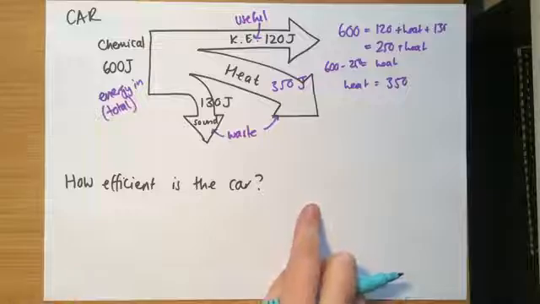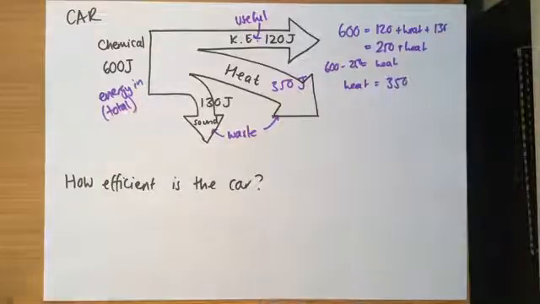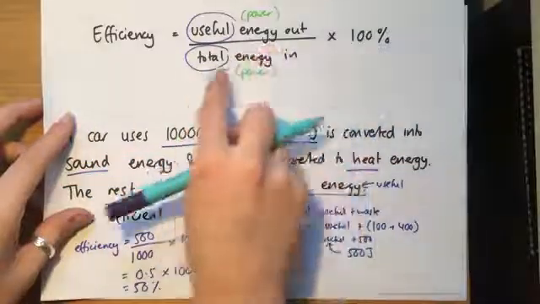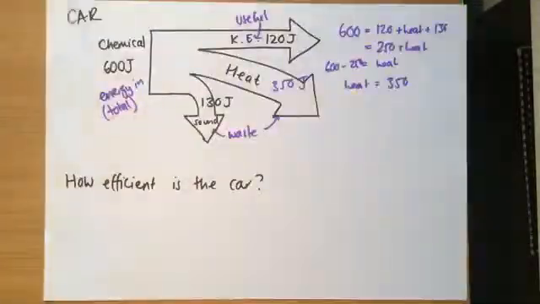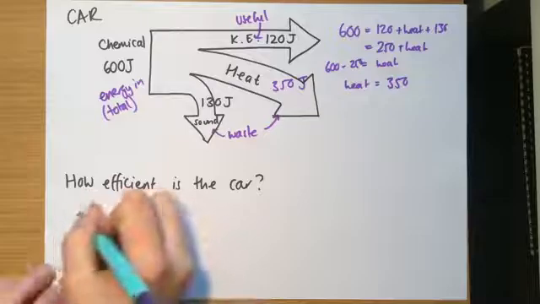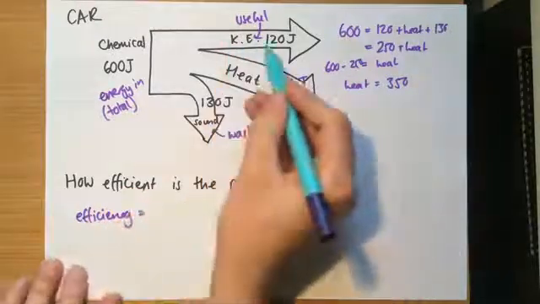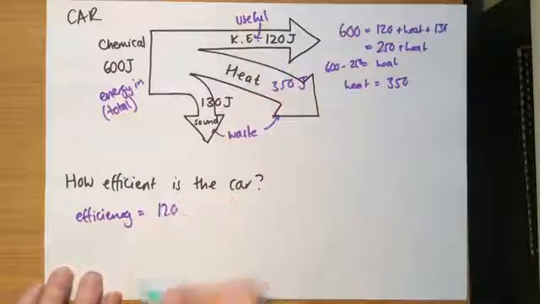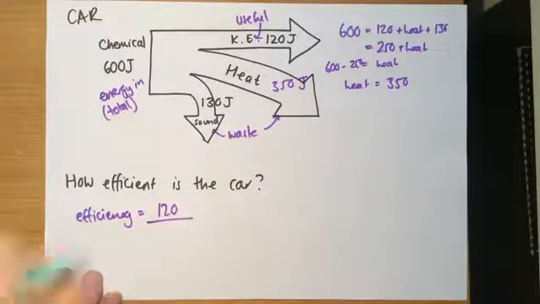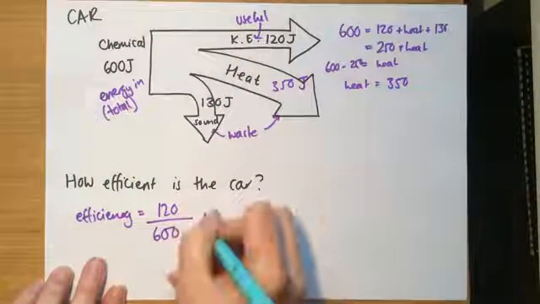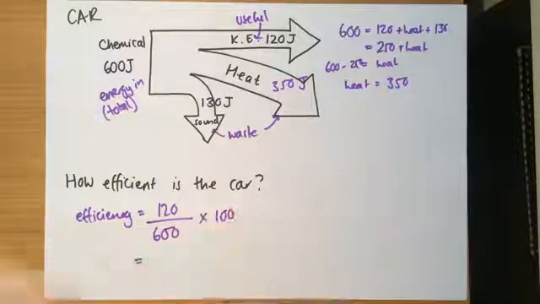So remember from our last video that efficiency is useful energy out divided by total energy in times 100%. So the useful energy is the KE. That's 120 joules. The total energy in is at the start. It's the chemical energy from the petrol. That's 600. And we times that by 100%.